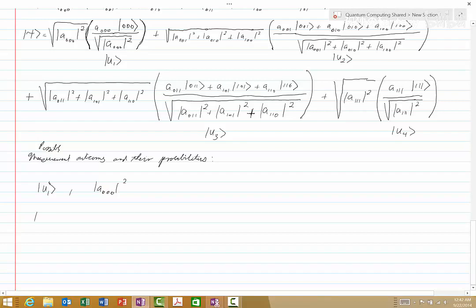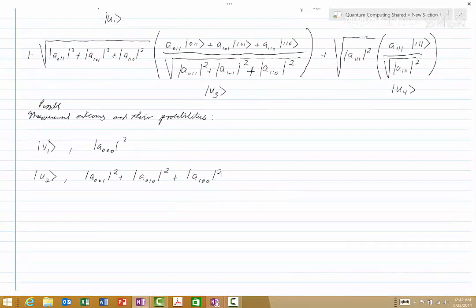Another possibility would be U2, and the probability of that would be the magnitude squared of A001 plus the magnitude squared of A010 plus the magnitude squared of A100.